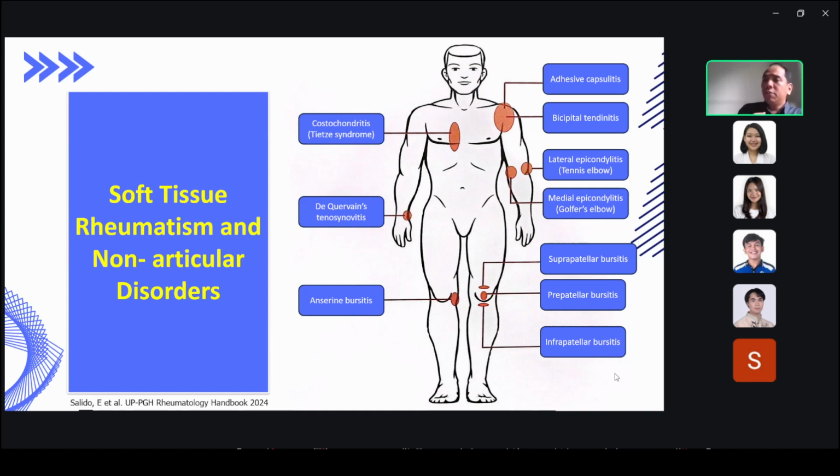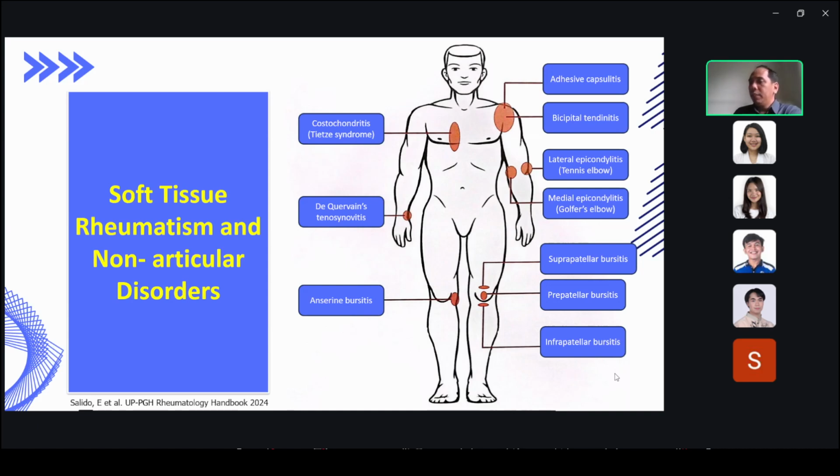If the patient is complaining of pain in the sternal area, think of costochondritis or Tietze syndrome. If the patient is complaining of pain in the wrist area, think of de Quervain tenosynovitis. Patient complaining of pain in the lateral elbow, think of lateral epicondylitis or tennis elbow, as when you play tennis.